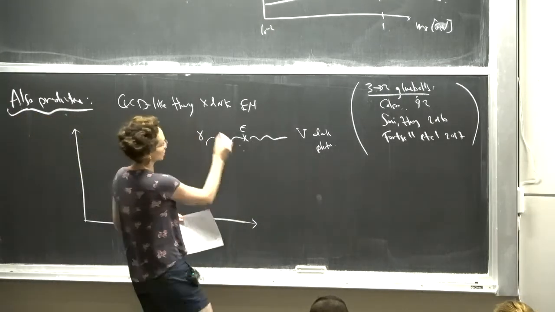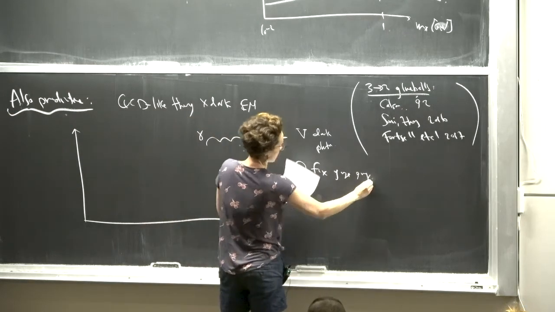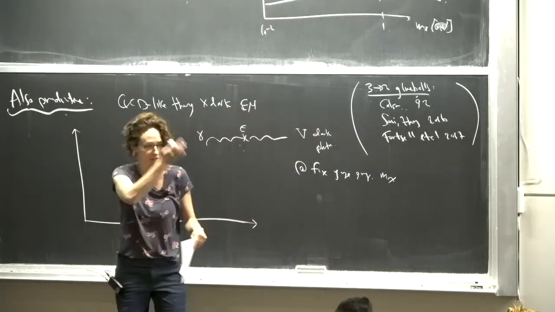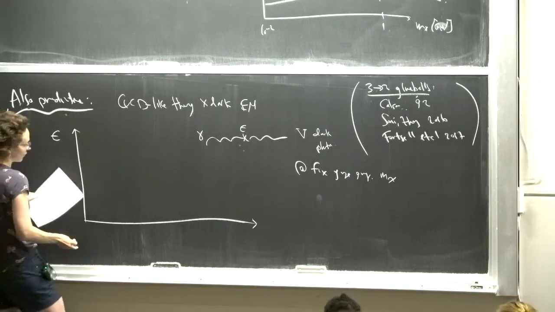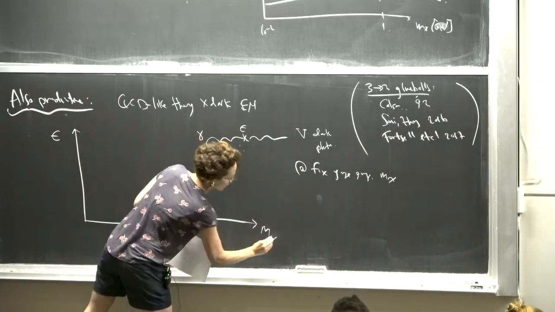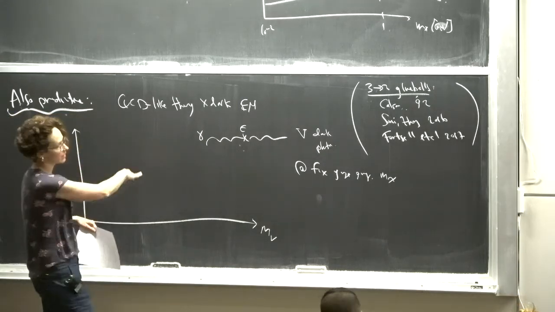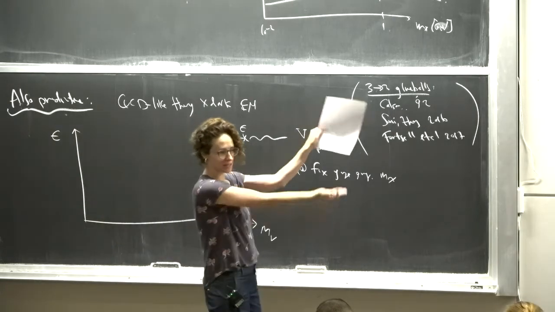Imagine that I fix my gauge group and fix the mass of my dark matter, so I'm slicing my parameter space in a particular way. If I think of the relative size between epsilon and the mass of that dark photon, this is equivalent to when we talked about SIMPs yesterday, where we had epsilon min and epsilon max.